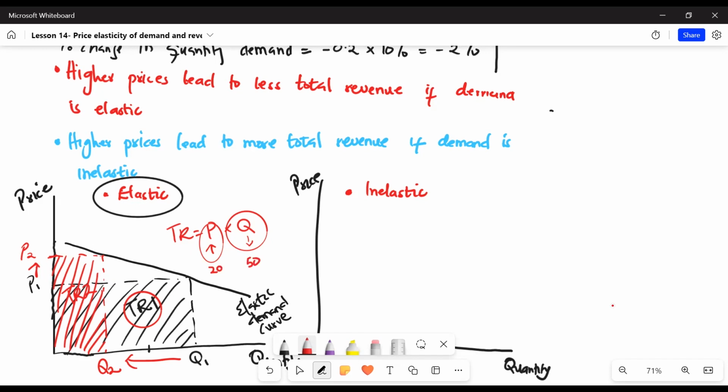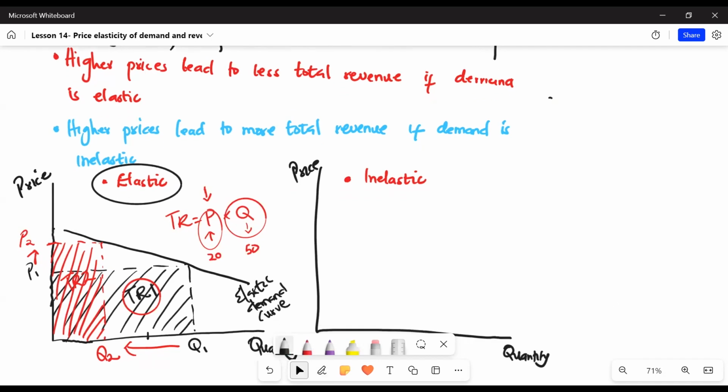So at the end, the producer is going to lose revenue by increasing the price. So if you're selling a good with elastic demand, it's best to reduce prices to increase revenue. This is because a reduction in price is going to induce a bigger increase in quantity demanded, which will lead to higher revenue. Now let's look at the other case of inelastic demand.